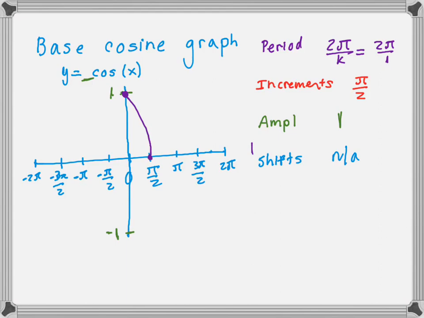And then at pi, we're going to go down to -1. And then we're going to go back up to 0 at 3 pi over 2. And then back up at 2 pi. So then it's actually going to be the same thing as a reflection because it's still going to hit 0 at the same points. So basically this is going to be our graph for cosine.